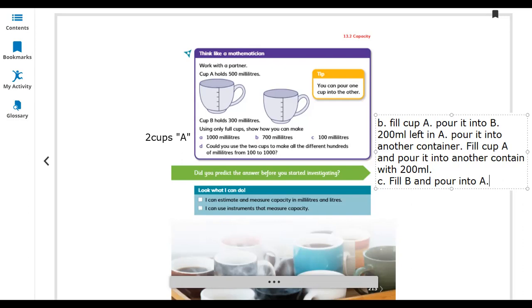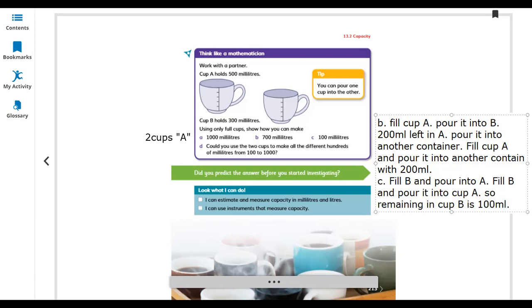Now again fill cup B and pour it into cup A. So remaining in cup B is 100 ml. Do you understand?